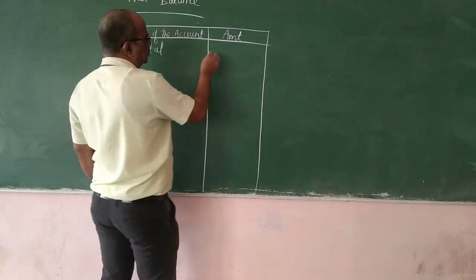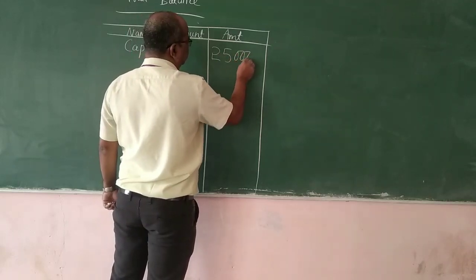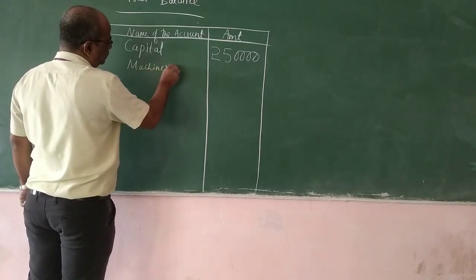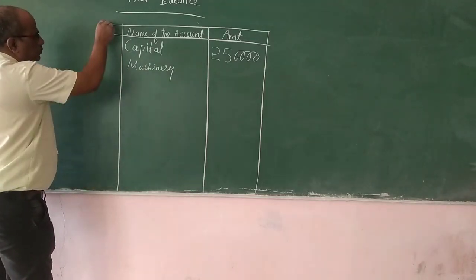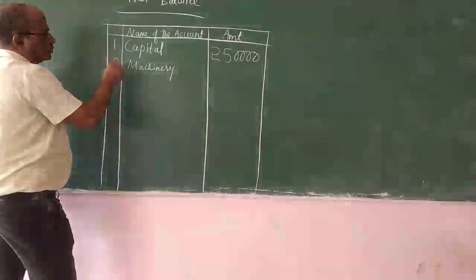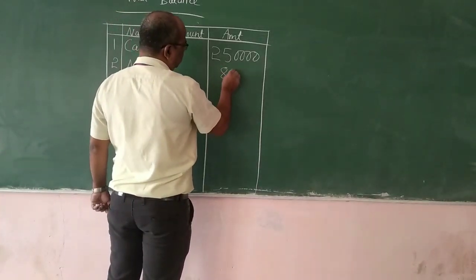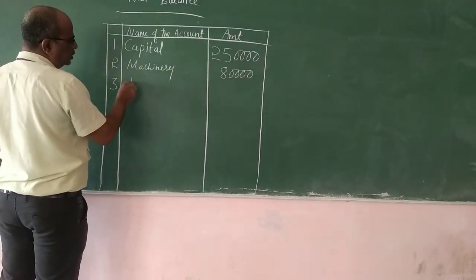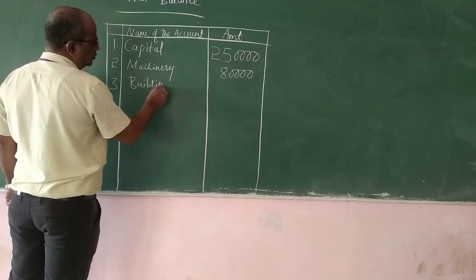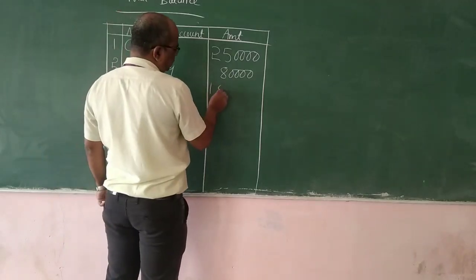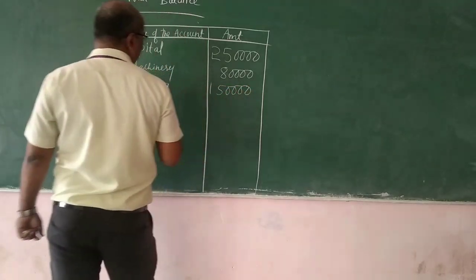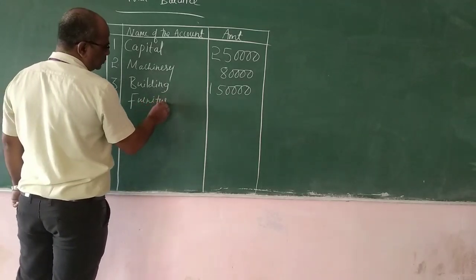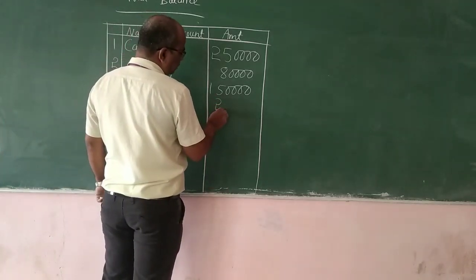Capital 2,50,000. Machinery 80,000. Building 1,50,000. Furniture 20,000.